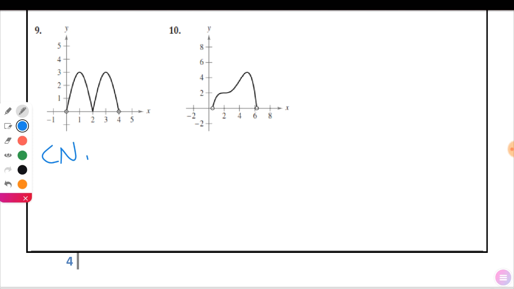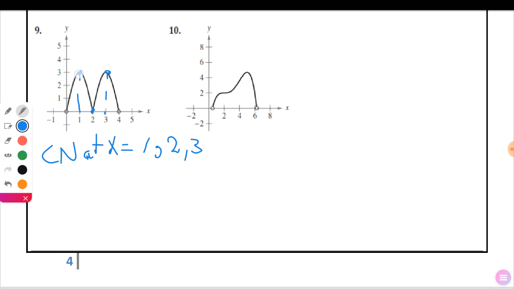Here, as you see, at these points we have absolute maximum, absolute minimum, or we can say relative. In this case, we say at x equals 1, 2, 3.